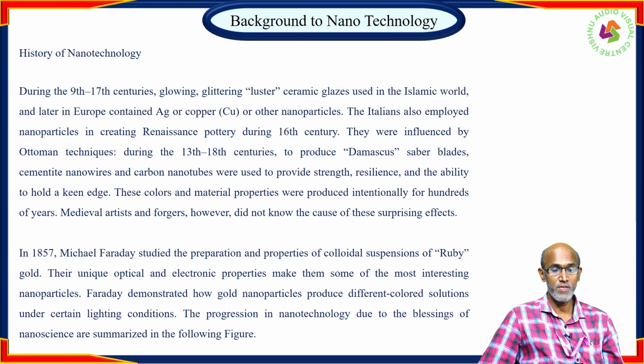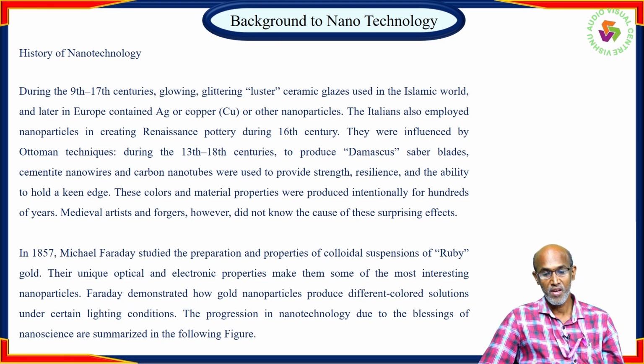During the 9th to 17th centuries, glowing, glittering luster ceramic glazes used in the Islamic world and later in Europe contained silver or copper or other nanoparticles. The Italians also employed nanoparticles in creating Renaissance pottery during the 16th century. They were influenced by Ottoman techniques during the 13th to 18th centuries to produce Damascus saber blades.